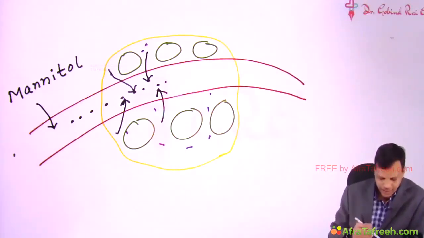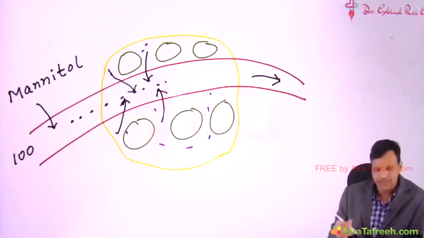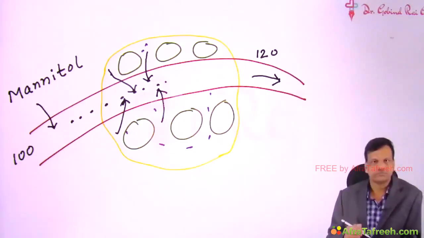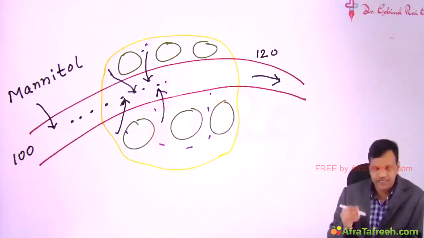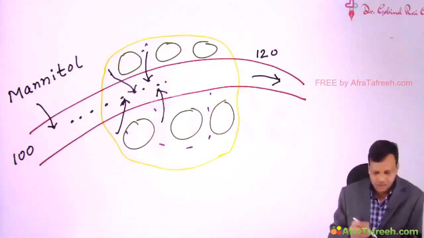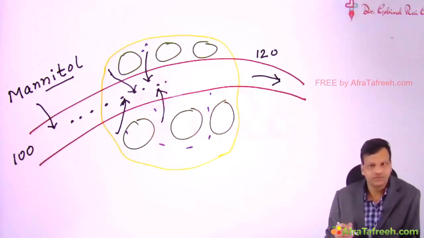Means if 100 ml of blood is entering the vessel in the brain, the blood which is going out of the brain from this vessel will be 120 ml. Means it has attracted 20 ml of water. So when the water comes out of the brain, the edema subsides. Means the beneficial effect of mannitol in cerebral edema is osmotic effect only.